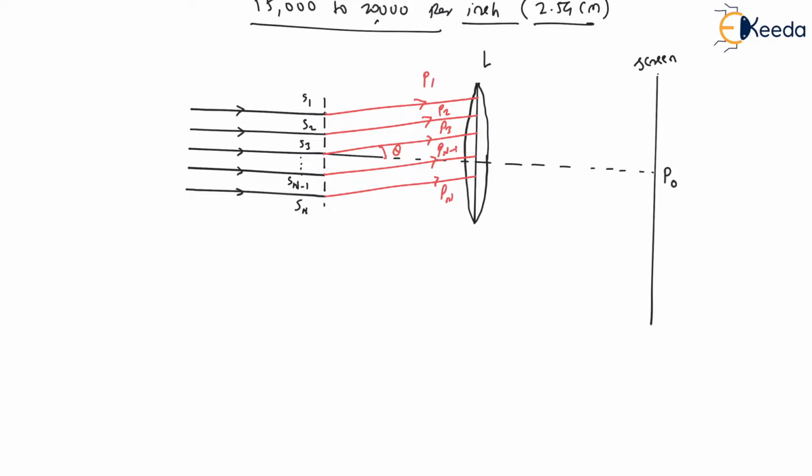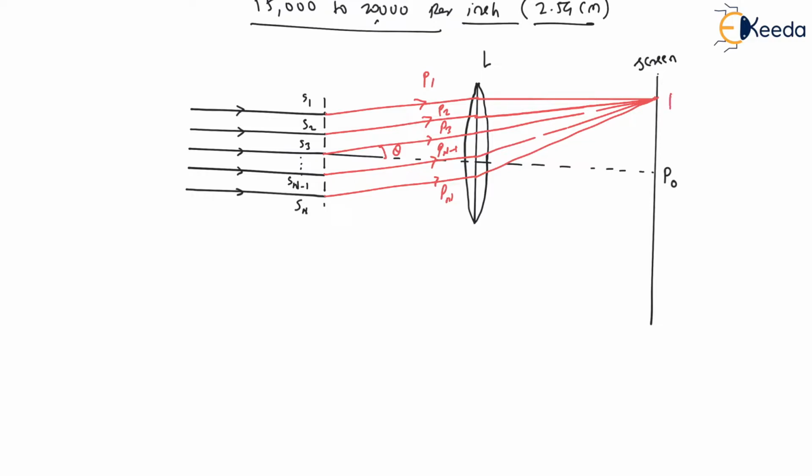Now we'll focus these rays on a particular point. So here I'll mark the point like this. All rays will meet at a common point like this. This is the general point P, where we want to find its nature, or again find the condition for its maxima, secondary maxima, or minima.